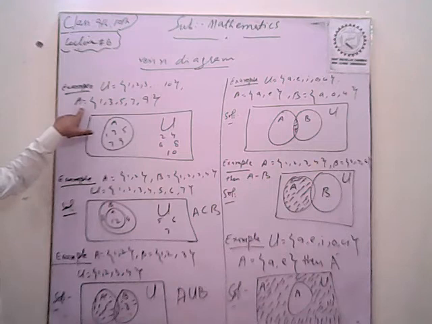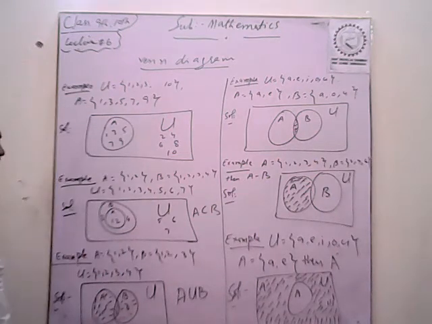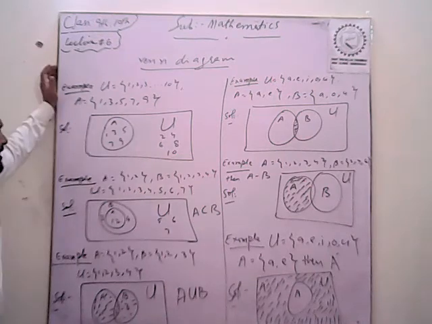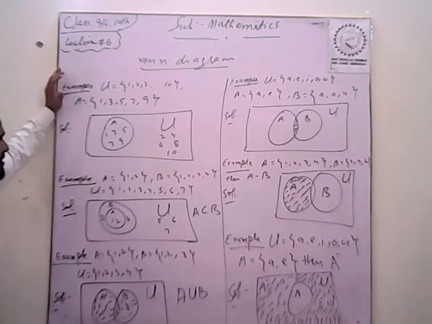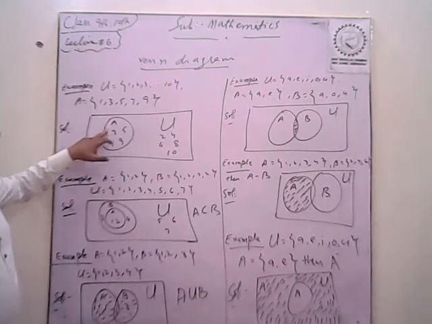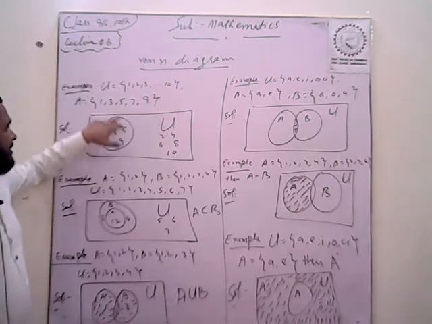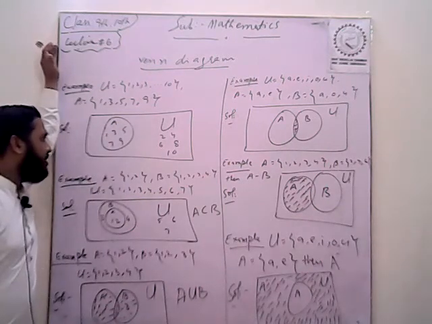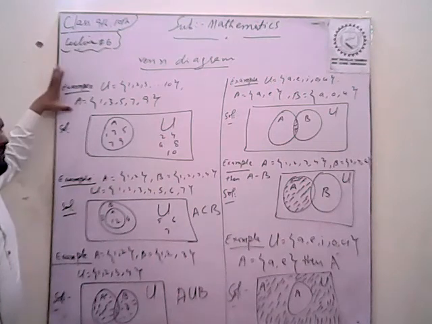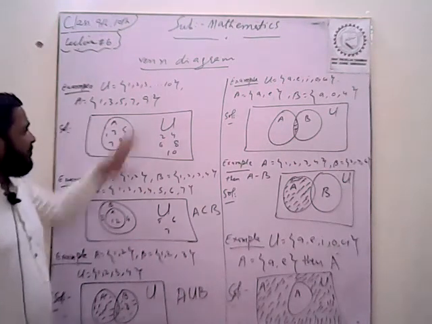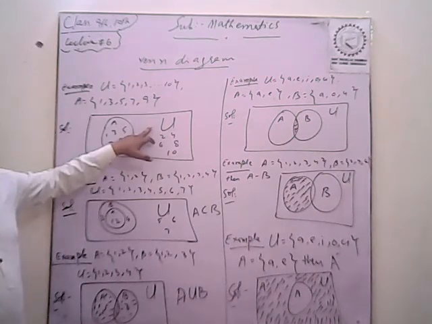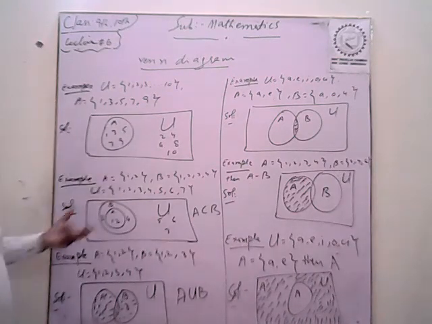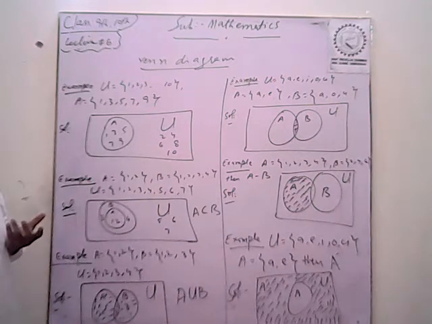A is a subset, so it is a circle inside the rectangle, meaning a subset of U. The circle shows 1, 3, 5, 7, 9, and the whole rectangle represents the set U. This is called a representation of a Venn diagram.